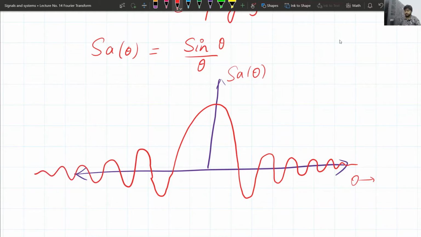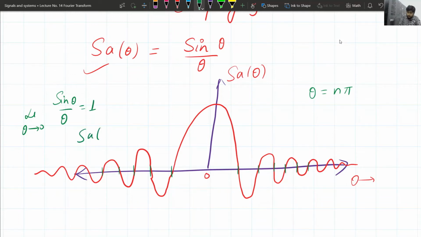This is the plot of the sampling function, and you can see here it will have zeros at these points, and these values should be at theta is equal to n pi. At theta is equal to 0 its value will be 1, because for sine theta upon theta, if we take the limit theta tends to 0, its value will be 1.